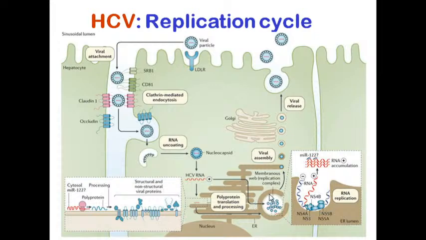Then the membranous web replication complex will be formed, where viral assembly and maturation happen, and the core particles will be produced together with the newly synthesized genomic RNAs. Then they will be packaged, obtain the low density lipids as a cover, and be released into the environment by exocytosis.